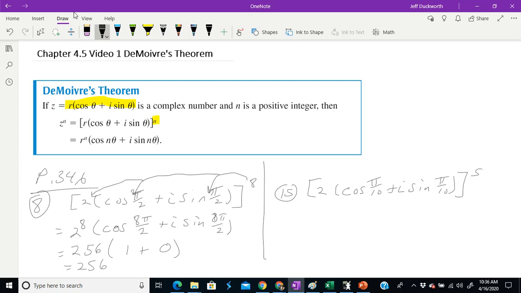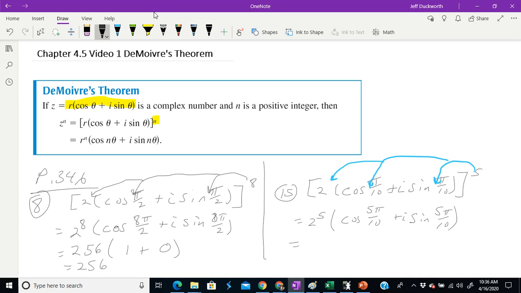Again, we're just going to drop the 5 in all 3 spots. This one goes in as an exponent. So this equals 2 to the 5th power, cosine of 5 pi by 10, plus i sine of 5 pi by 10.